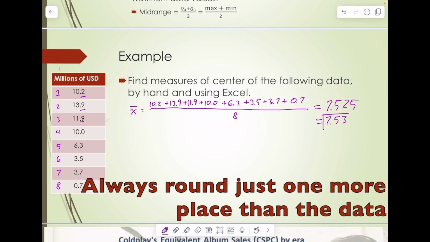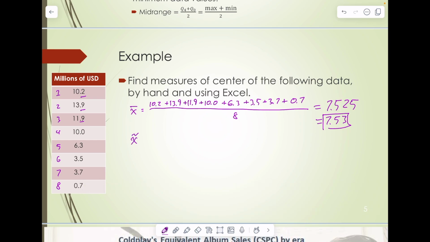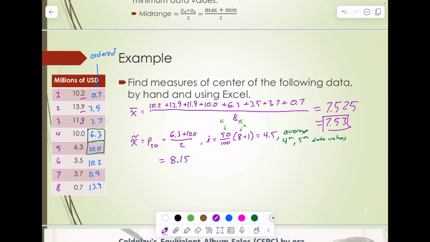So that's my mean. Okay, now the median, X with a tilde above it, I need to find P50. So for the median, I start by trying to find the location of the percentile, and that's going to be i equals 50 over 100 times n plus 1, which is 8 plus 1, which is 9. If I multiply that out, I get 4.5.